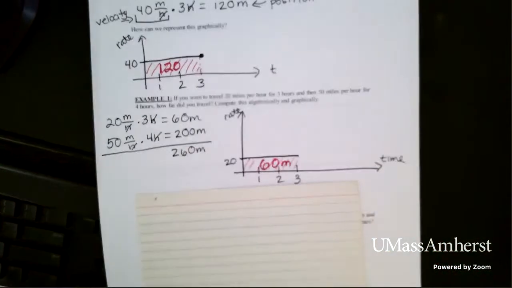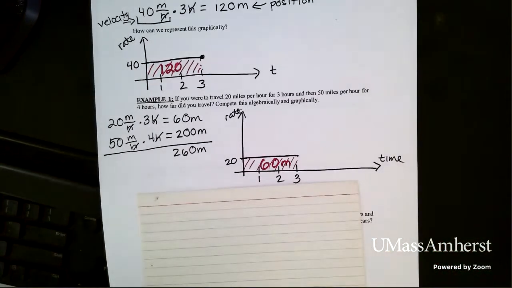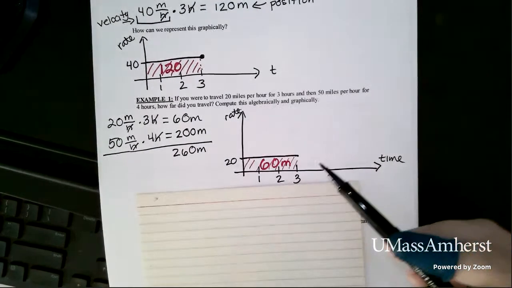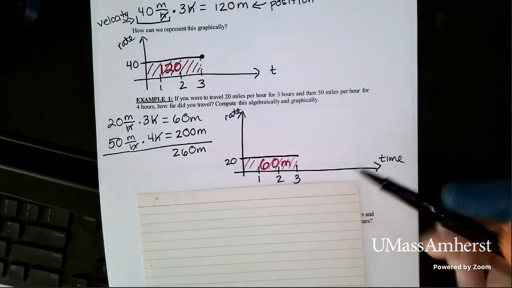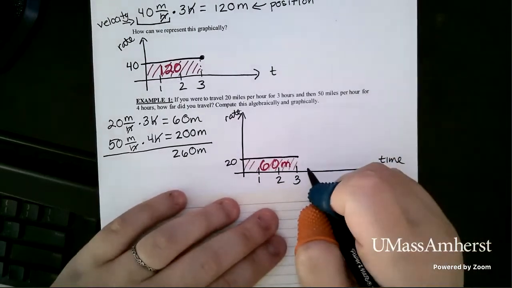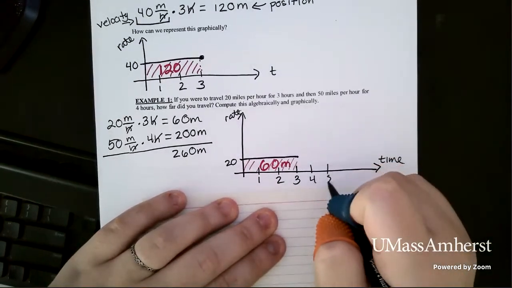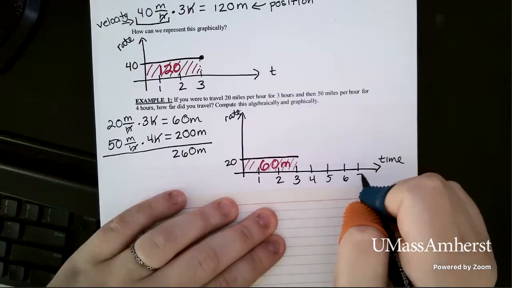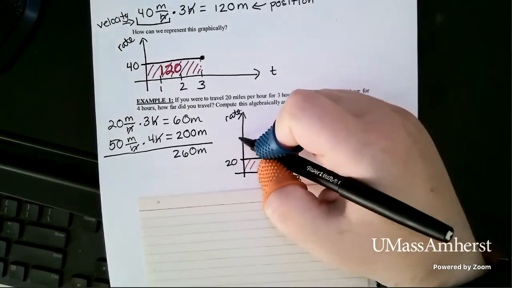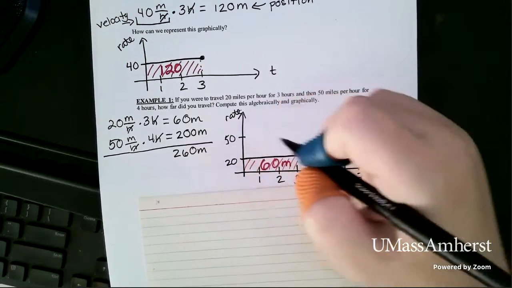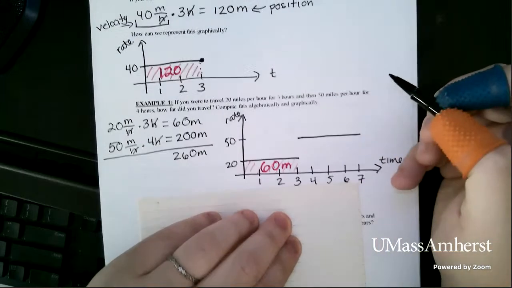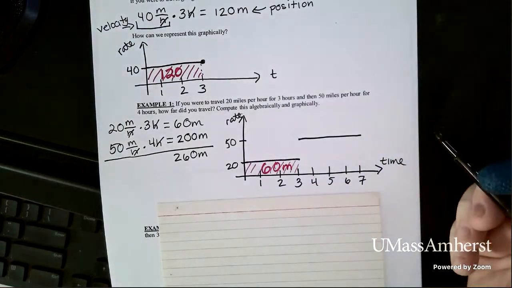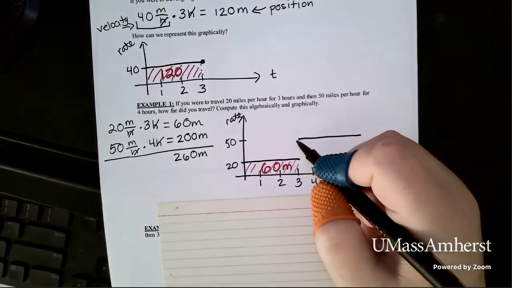And then we go 50 miles an hour for 4 hours. So when we do this part, we make the baseline assumption that we're starting at hour 3 and going the next 4 hours, right? So 4, 5, 6, 7. But our rate has changed. So now our rate is 50, which would be somewhere up here. So from hour 3 to hour 7, we are going 50 miles an hour.